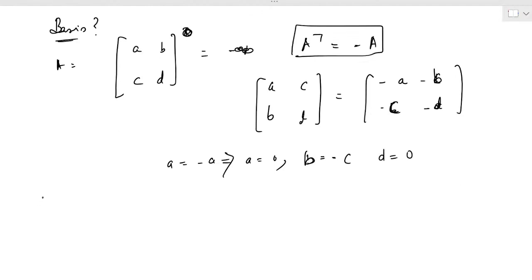So what are we talking about? We are talking about these matrices. The matrices are of the type 0, B, minus B, 0. What do you think the basis would be?